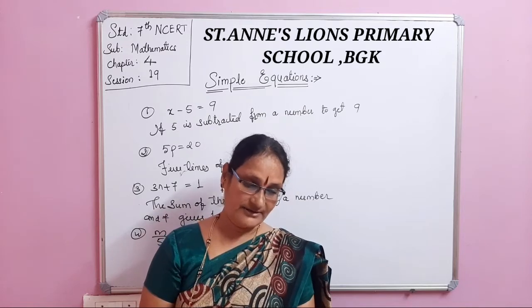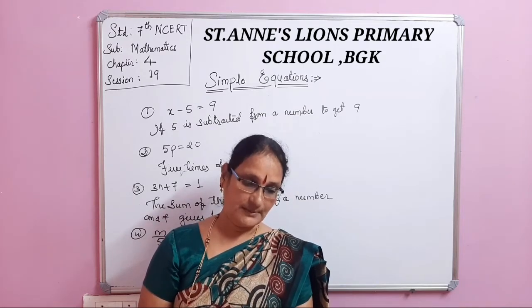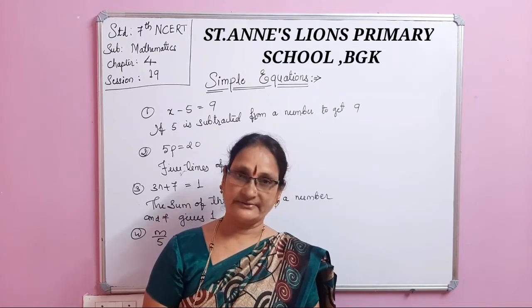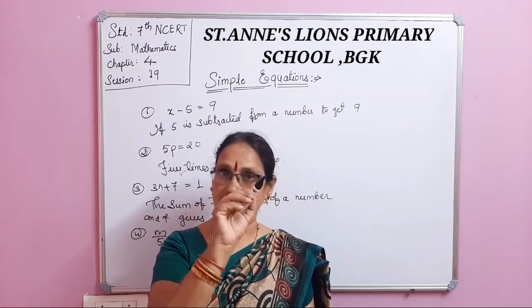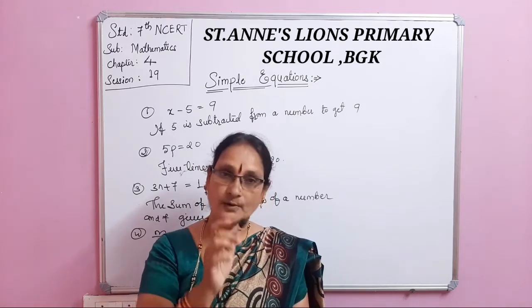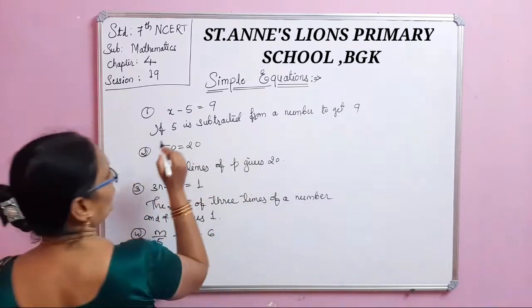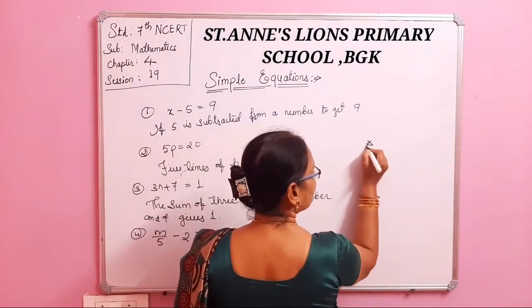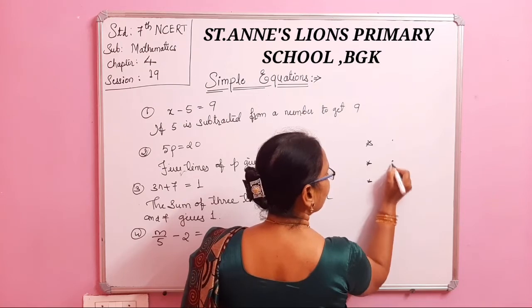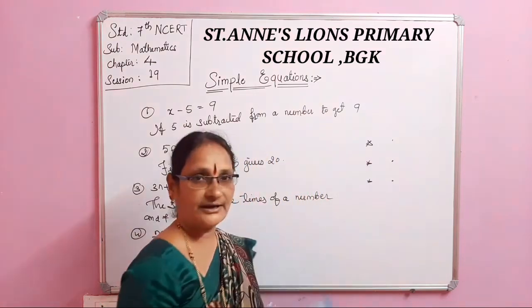I think all are having the textbook now. Chapter 4, simple equations, page number 77. Okay. First you have to put the chapter number, then name of the chapter, then points, point wise. So you don't know how to write point wise. This is point, or like this. Any one way you can write.